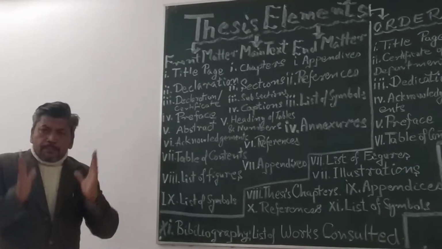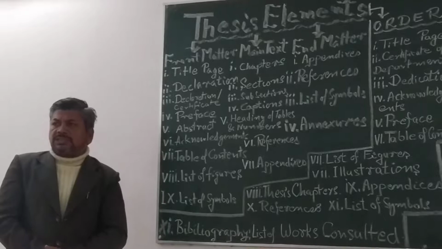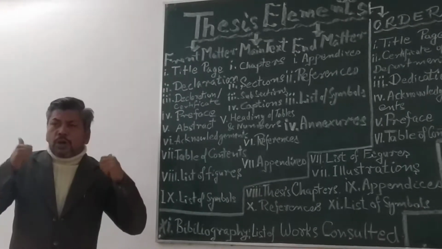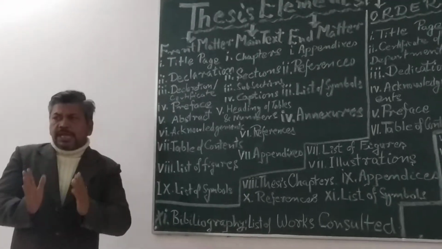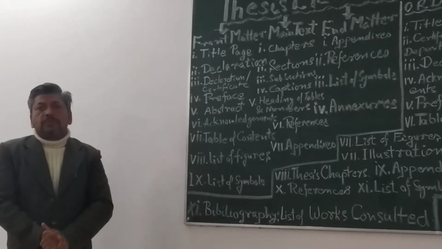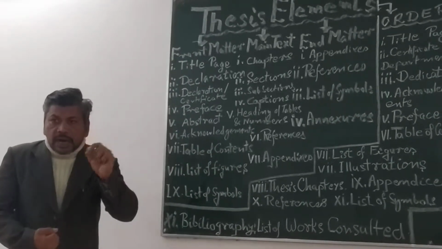It is important that you do original work, original research while conducting your thesis, but it is more important that you make it in a presentable form, and that becomes the soul of technical writing.